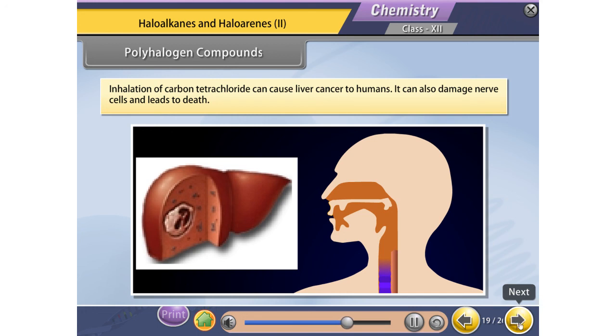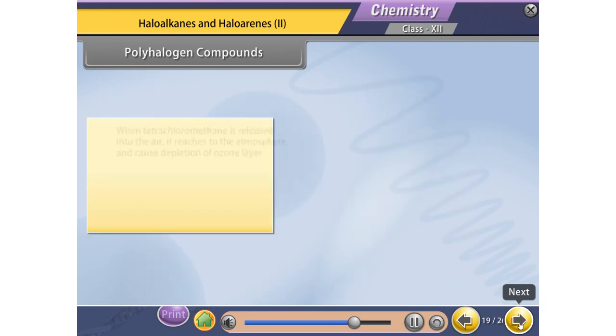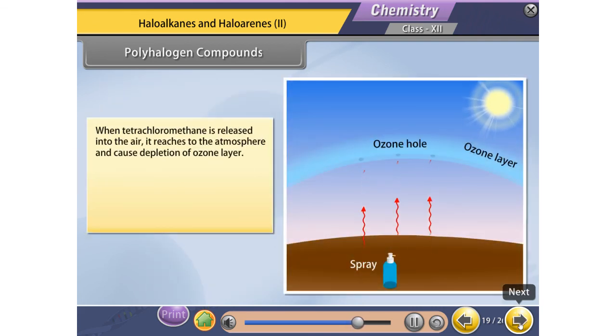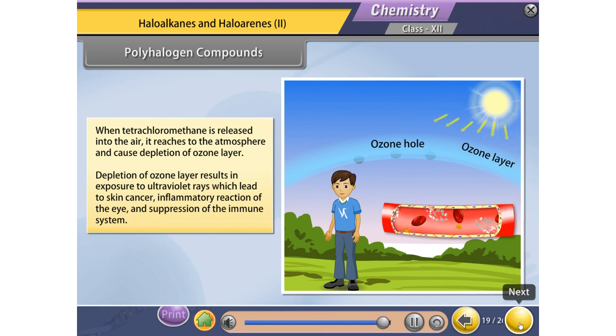It can also damage nerve cells and leads to death. When tetrachloromethane is released into the air, it reaches the atmosphere and causes depletion of ozone layer. Depletion of ozone layer results in exposure to ultraviolet rays, which leads to skin cancer, inflammatory reaction of the eye, and suppression of the immune system.